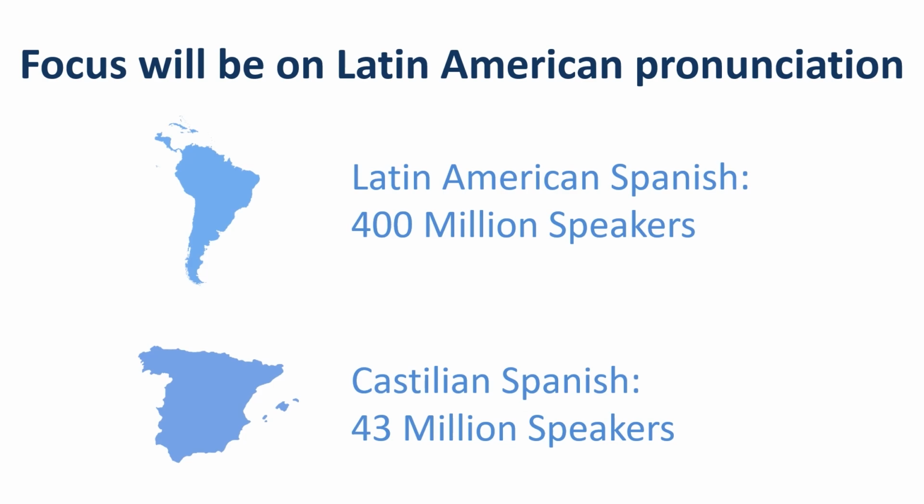If you're from the United States, most of the native speakers that you're going to encounter will probably be from Latin America. However, you will come in contact with those from Europe or Spain, and you'll notice that their pronunciation is slightly different. That's okay. You'll still be understood when you speak, and you'll still be able to have a conversation. You'll just notice that the pronunciation of certain words may be slightly different. We'll look at an example on the next slide.